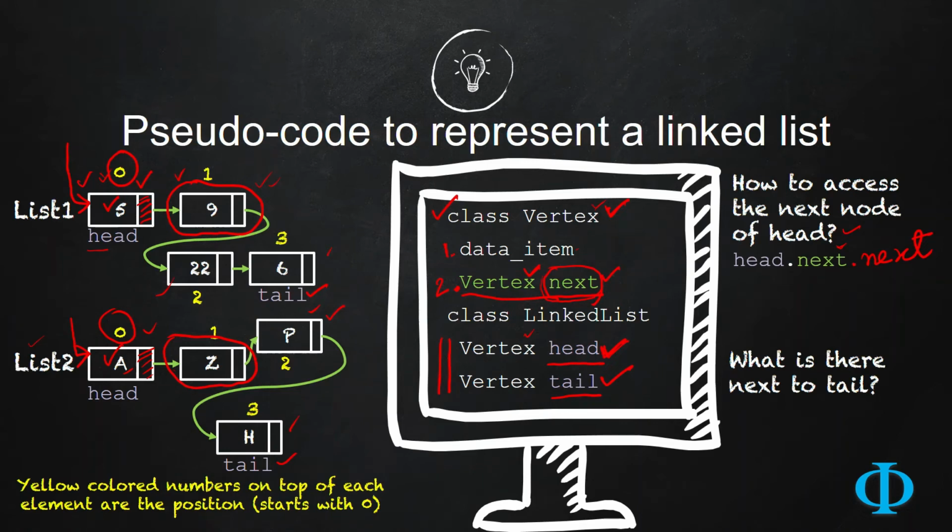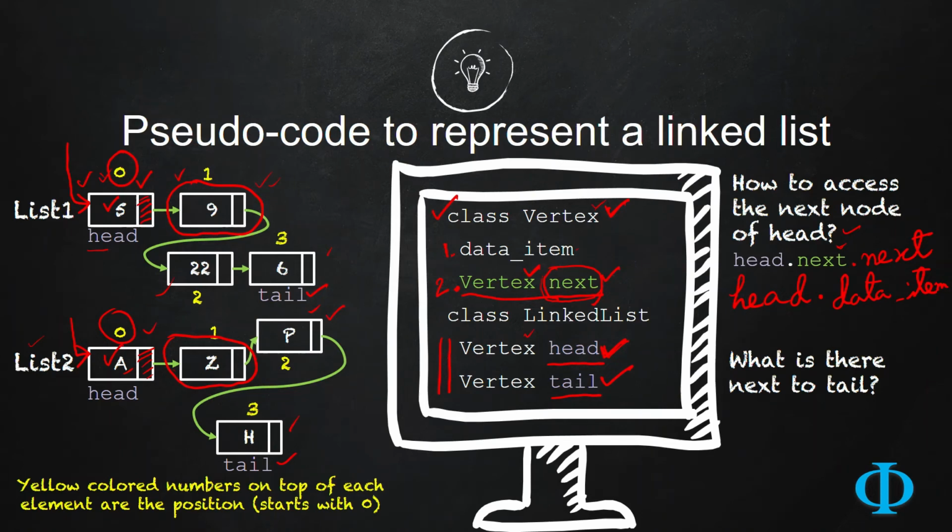Now, how can we access the data item inside the head node? That is also very easy. That is simply head dot data item, and that's how I can easily access the data item inside that list.